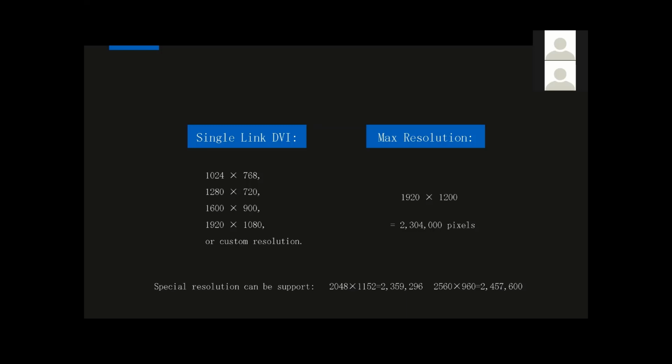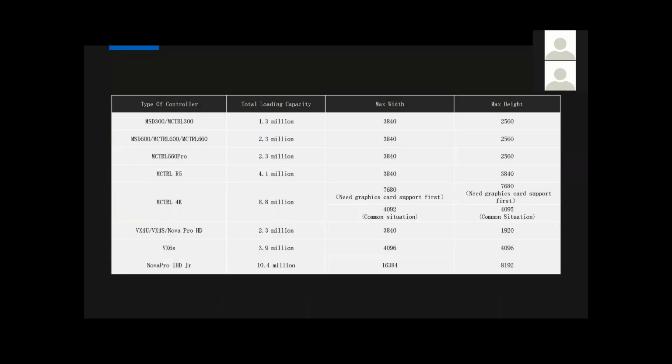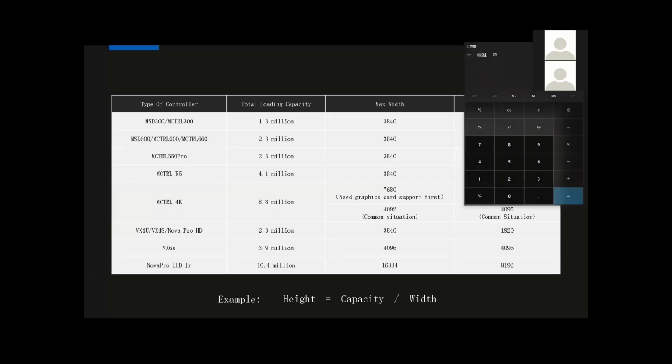And also, because we have many controllers, we also give a chart about the link capacity for all of our products. On the last 2 columns, the maximum width and maximum height we support, it's not that width and height at the same time, which means the height is the capacity divided by width. So for example, take the top one, the 300.